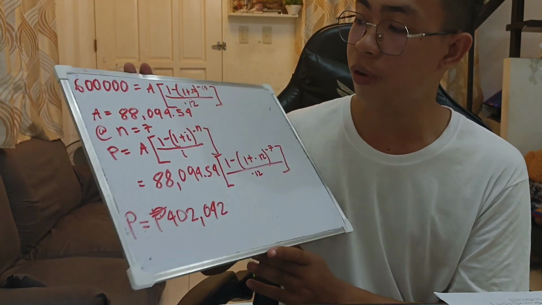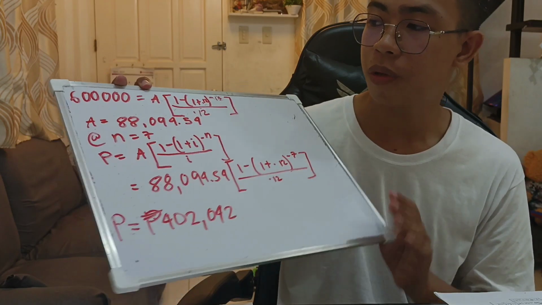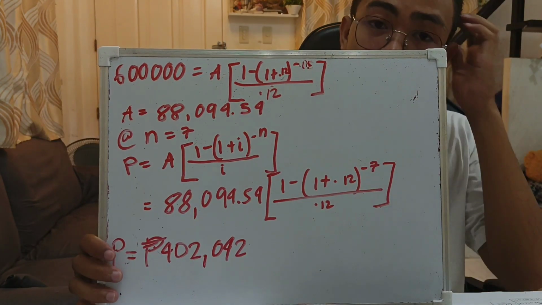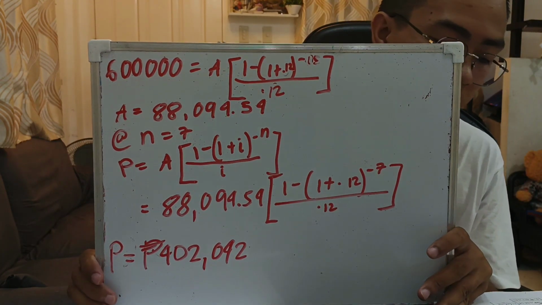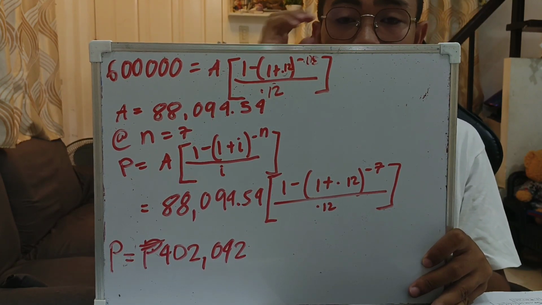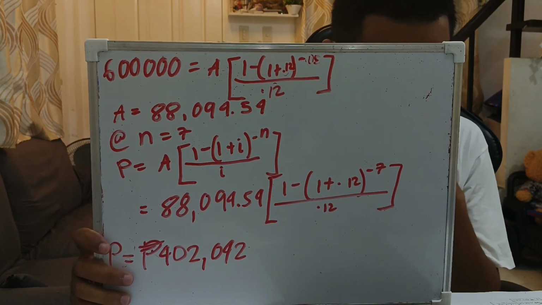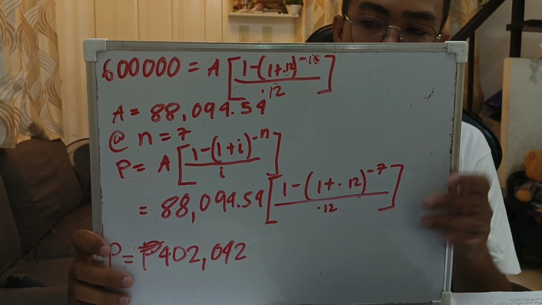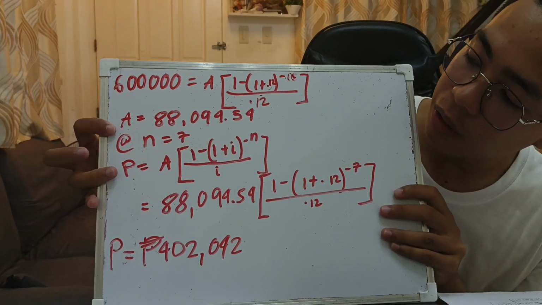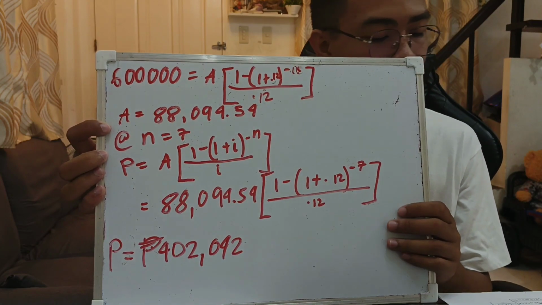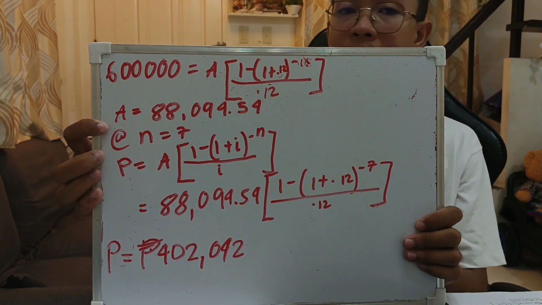So we will be using the present worth of annuity formula to get the A. So 600,000 is equal to A times the quantity of 1 minus (1 + i) to the power of negative n, with i at 12%, 0.12, and n the 15 equal payments, over 0.12. So our A here would be 88,094.54 pesos, and we'll be using this to solve for the unpaid amount.